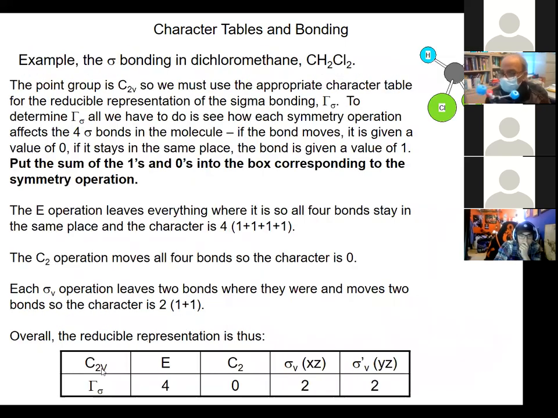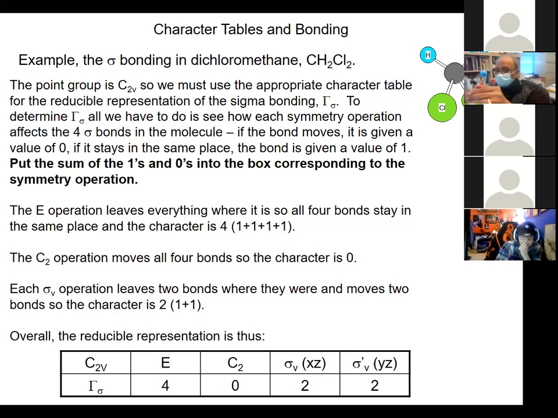So if you now look at C2v here at the bottom of the screen, remember we talked about this: an identity, a C2 and two reflection planes. Now, what I'm going to ask you to visualize is what happens to these bonds when each of these operations is carried out. Do they move or don't they move? A total of four bonds are there in this molecule, right? There are two CH bonds and two CCl bonds.